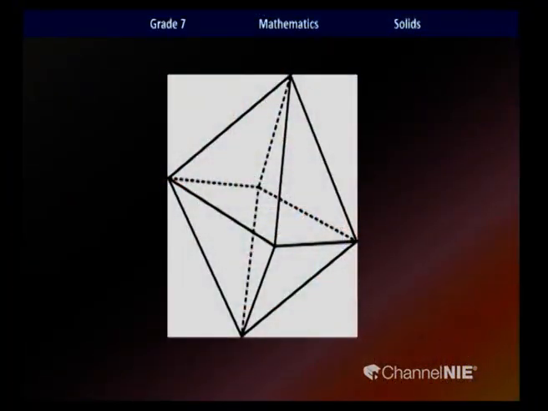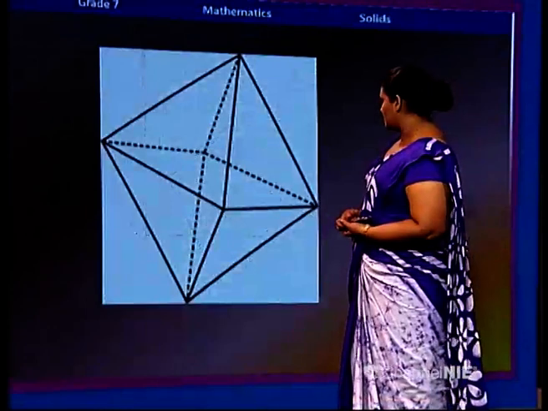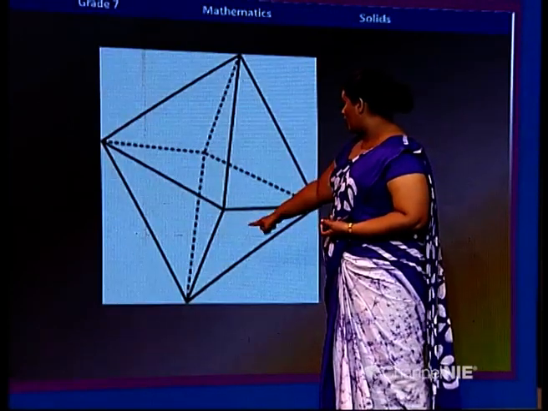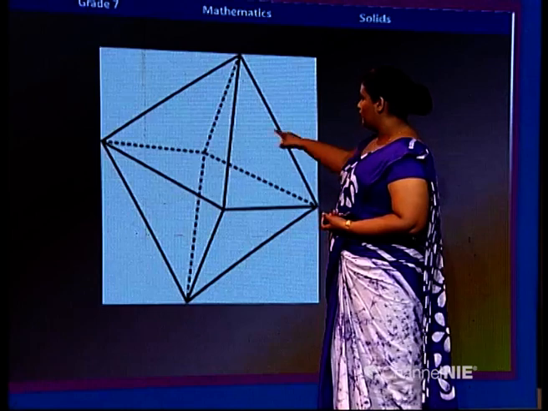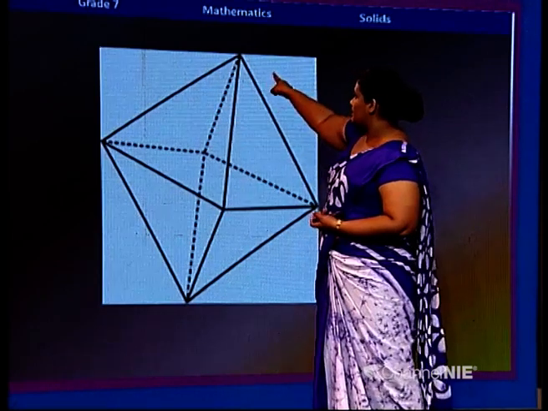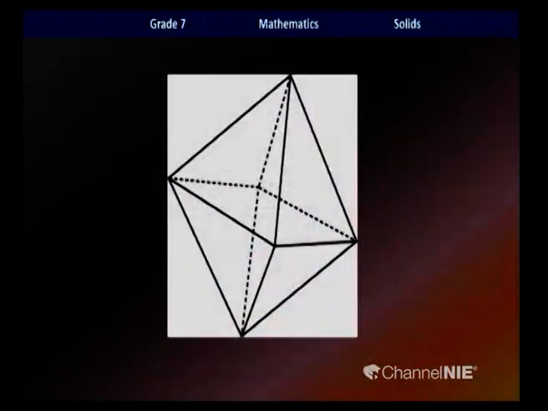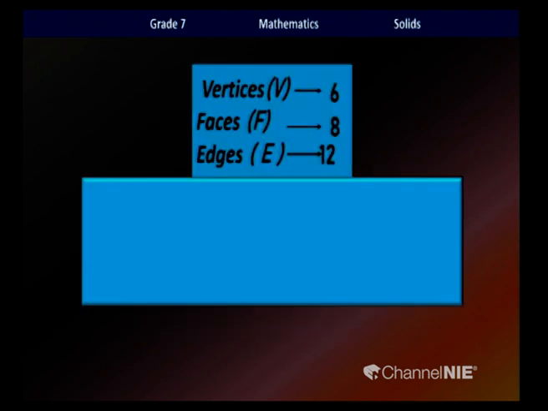We have got 12 edges and all are straight edges. Then let's count the number of vertices. We have 1, 2, 3, 4, 5, 6. We have got 6 vertices. Now we have already got the answer for the first part of the question. We can say we have 6 vertices, 8 faces and 12 edges.